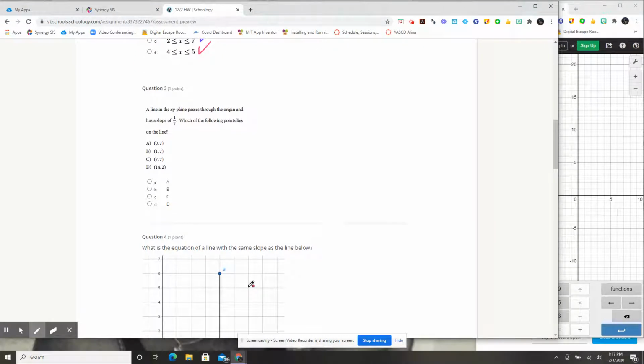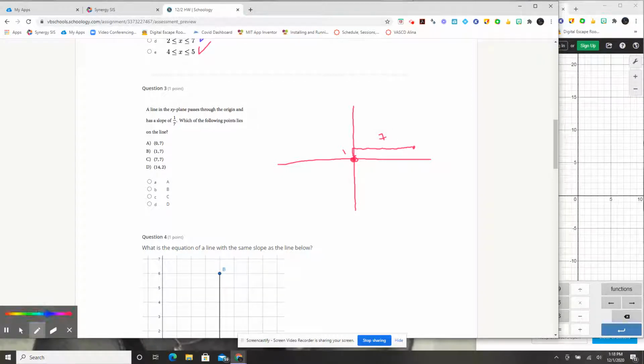A line in the XY plane passes through the origin. So normally they would give you a picture, passes through the origin and has a slope of 1/7. So that's a rise over a run of 1/7. Which of the following points lies on the line?